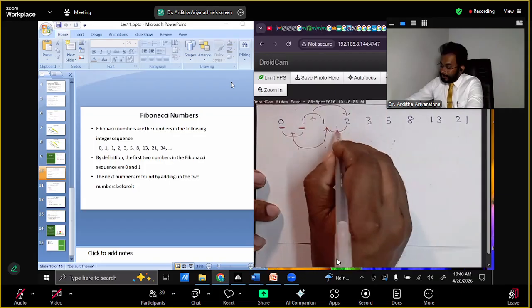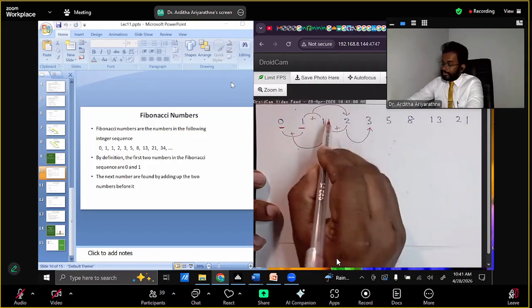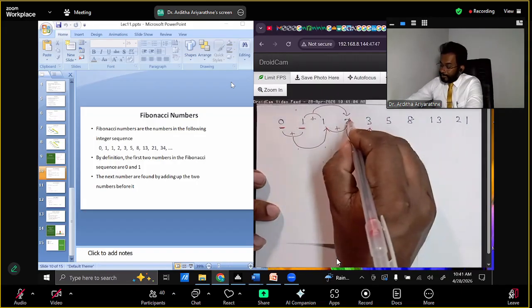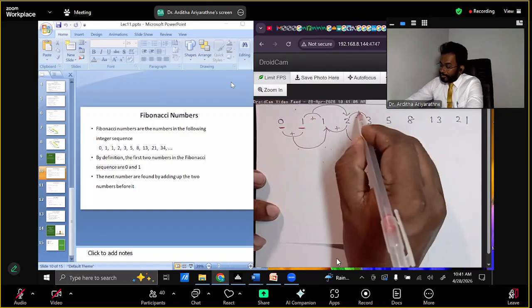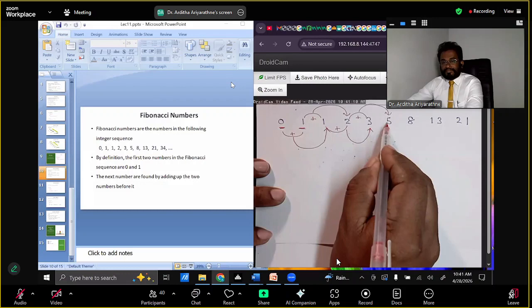ආයිත් මේ දෙකේ එකතුව ඊළඟ output එක. 1 plus 2 3. ඊගාවට මේ දෙකේ එකතුව එනවා ඊළඟ output එකට. 2 plus 3 5.